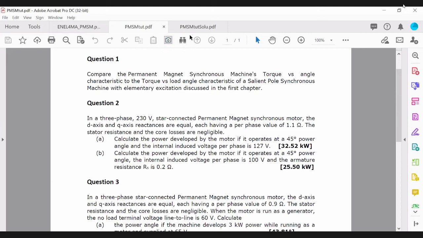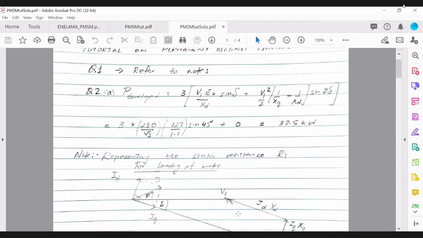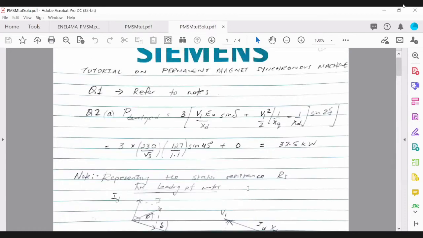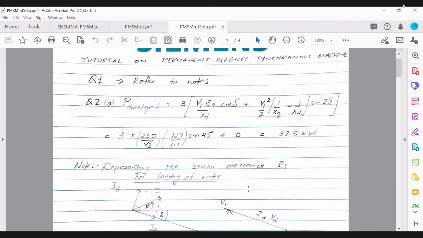So if you look at the solution, as you can see, I've converted the line value to the phase value, and also they've given you more information in this question.